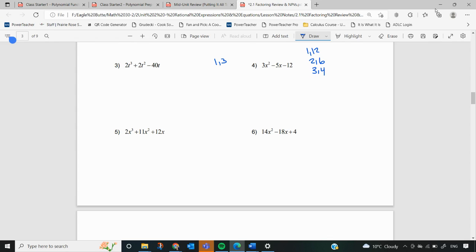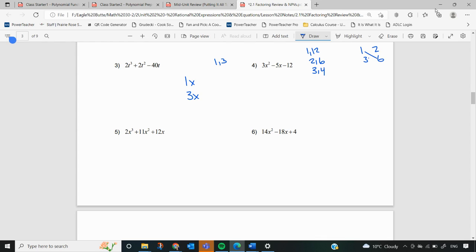Guess and check means that I'm going back and forth between my numbers until I find a combination of numbers that have a product of 12 and a sum of 5. And so I'm writing down the 1 and the 3, so it's going to be 1x and 3x. I may want to write these out as crosses first, so I might have 1 and 3, and let's try 2 and 6.